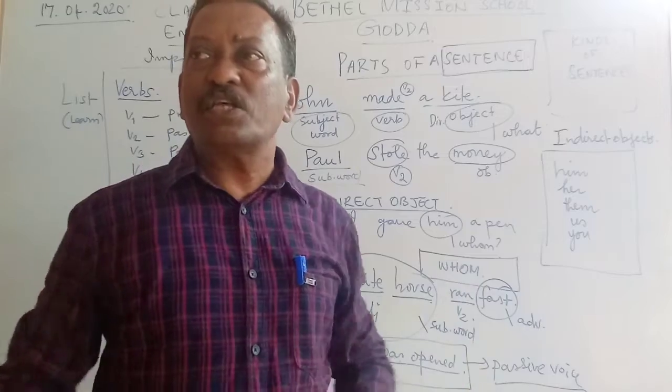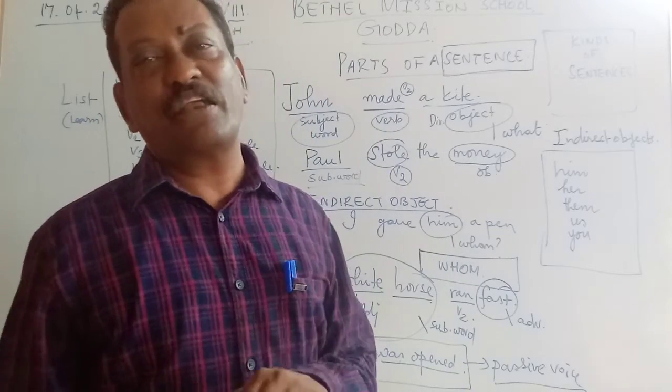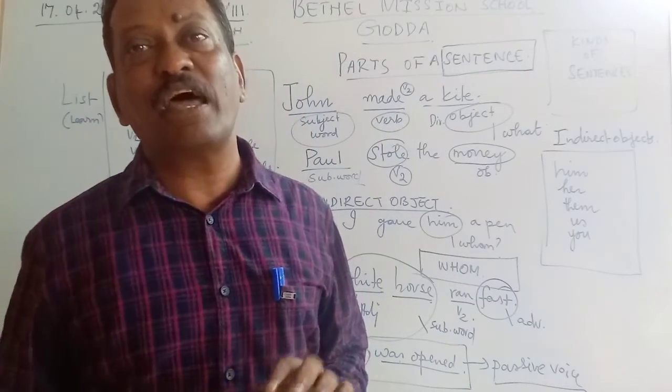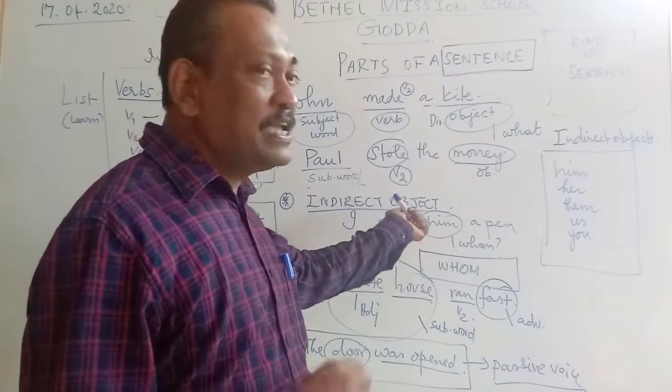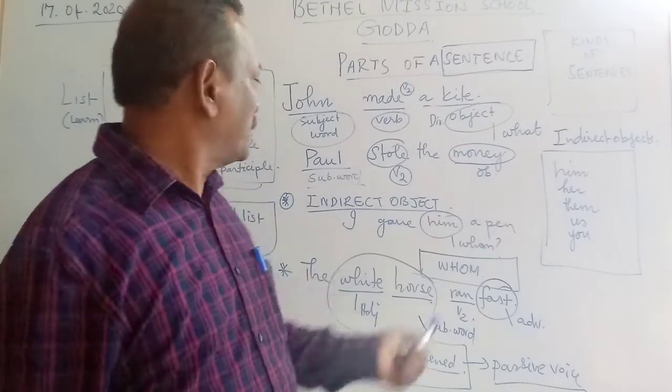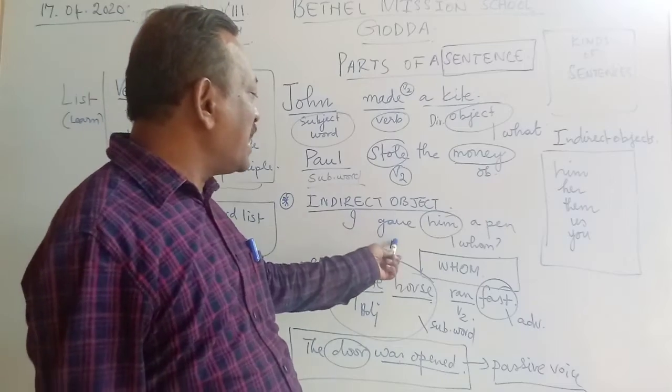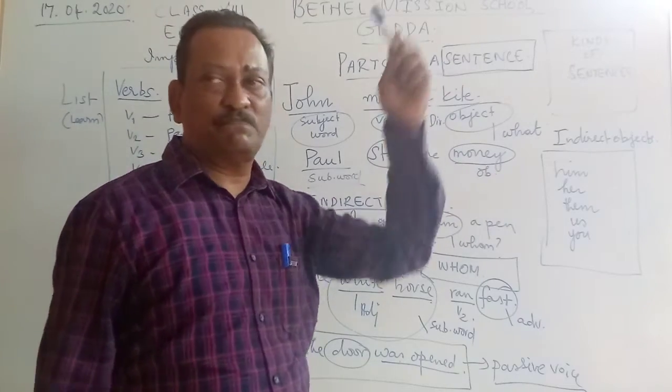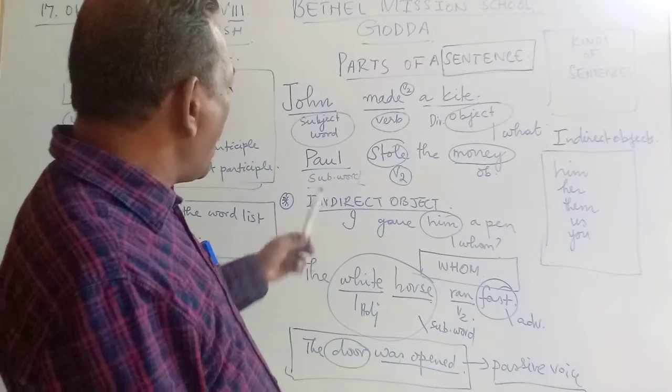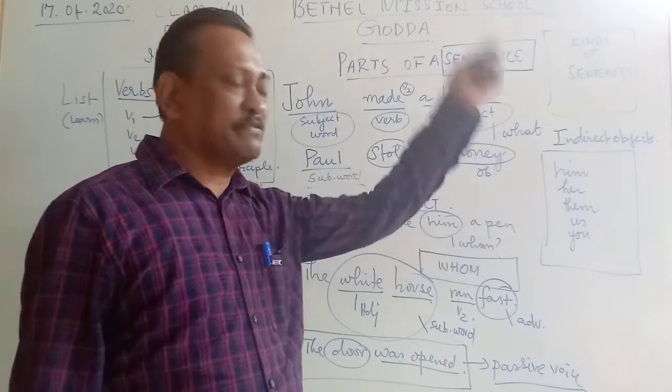Now, a sentence will also have an indirect object. What is an indirect object? Look at the board carefully and listen to my explanation. You see, I gave him a pen. I repeat the sentence. I gave him a pen.